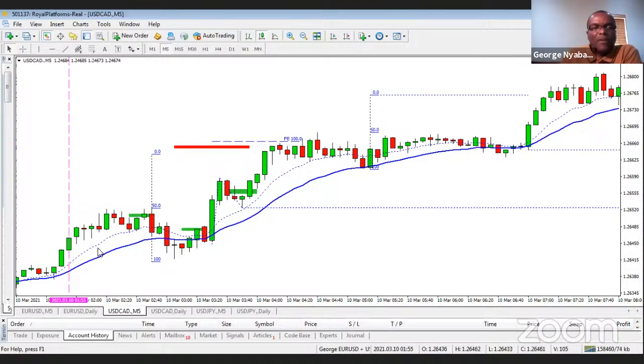Remember earlier on, I said if I get a pullback to the moving average of the 10, I'll take it. I didn't take one earlier on because I didn't see the preceding breakout. So here is a classic. There's a breakout above that pattern, breakout, follow through. Now I'm waiting for my pullback of the 10 moving average. There is a classic. You've got to take that.